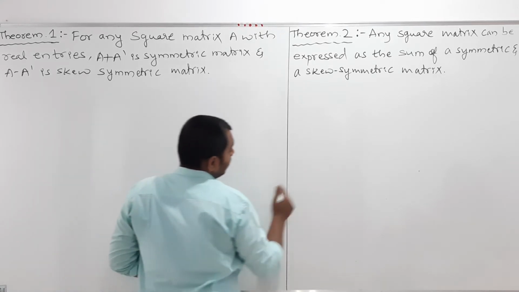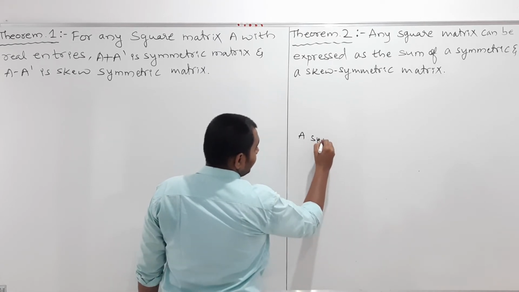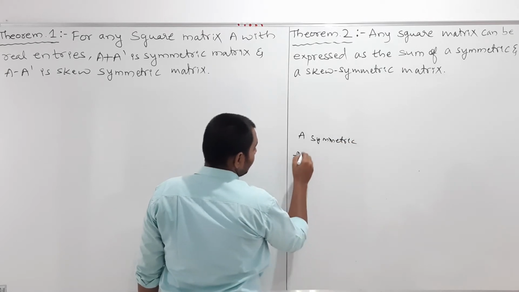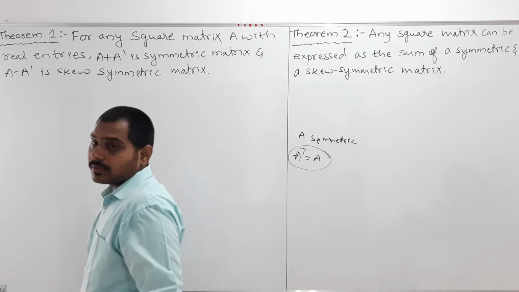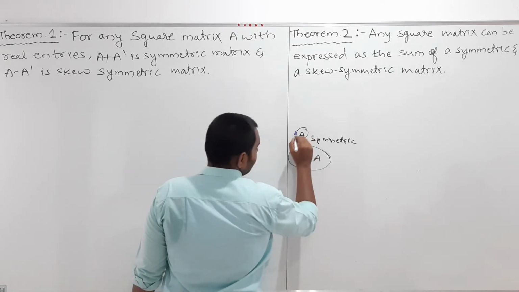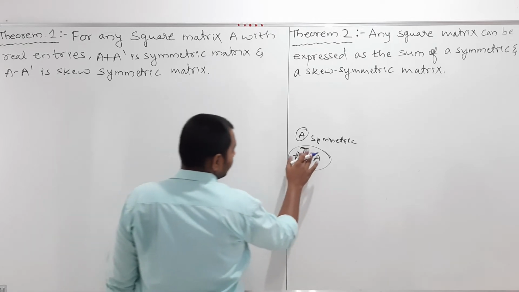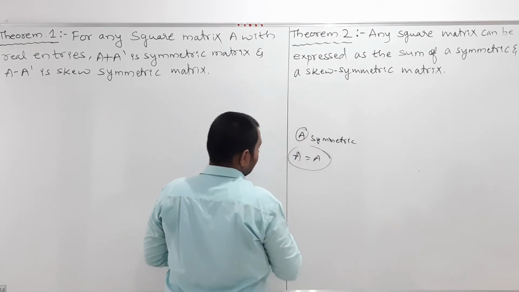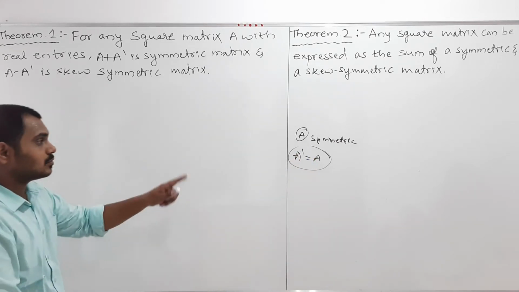So my dear students, any matrix A is said to be symmetric if A transpose equals A. Clear? You can denote it either as A dash or A to the power T. Both are the same, only notation. A transpose equals A.